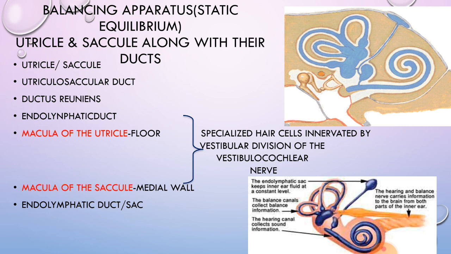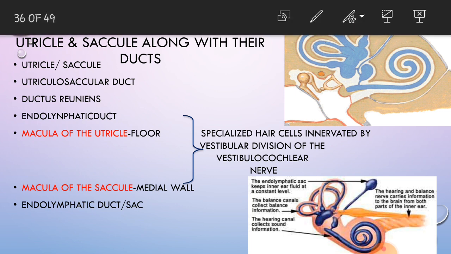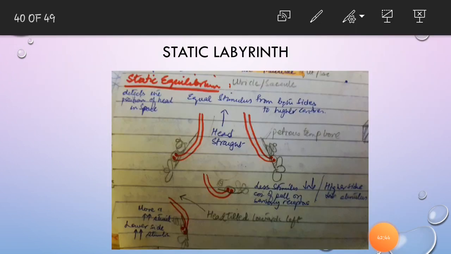The utricle and the saccule, as we've discussed earlier, form the static labyrinth.